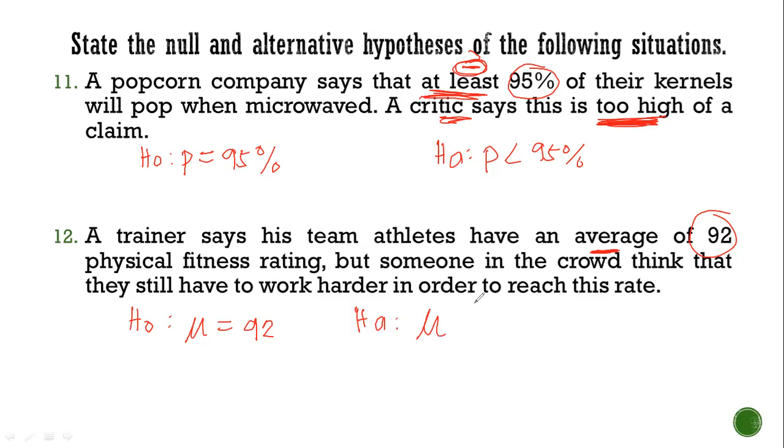Is it directional or non-directional? If it is directional, please place the symbol that you will use. You may share your answer on our chat box. If directional siya, please place the symbol to be used.